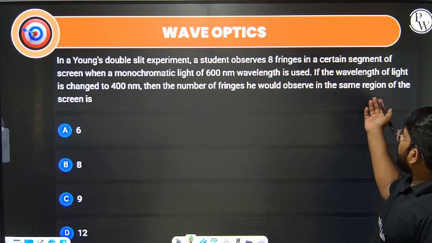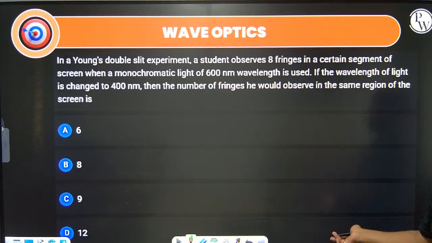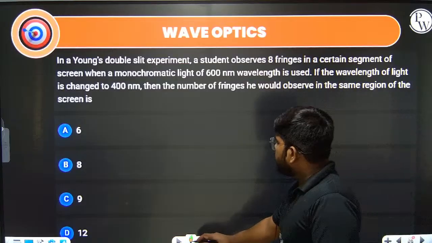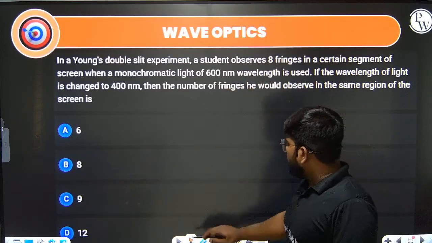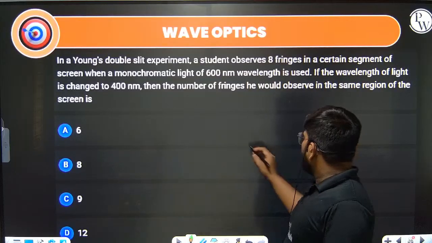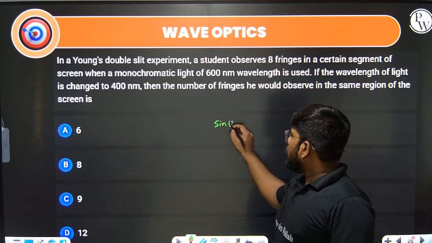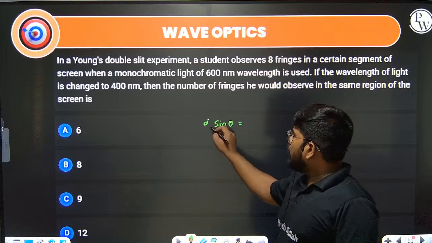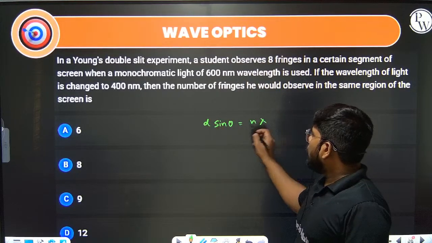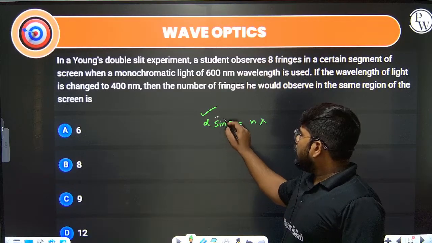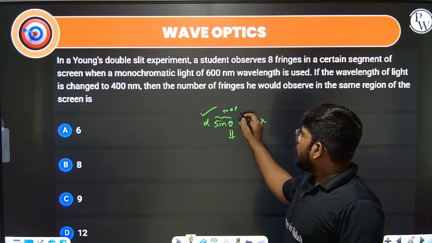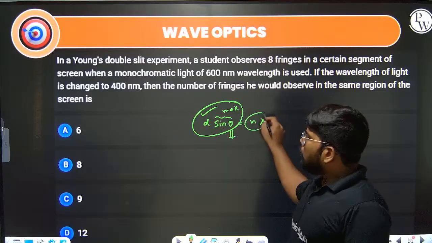And again, the number of fringes they are asking. How do you find the number of fringes on the screen? In the YDSE, d sin theta is equal to n lambda. With d constant, when we go for maxima, sin theta has a particular value. If these two are constant, n into lambda should be constant.